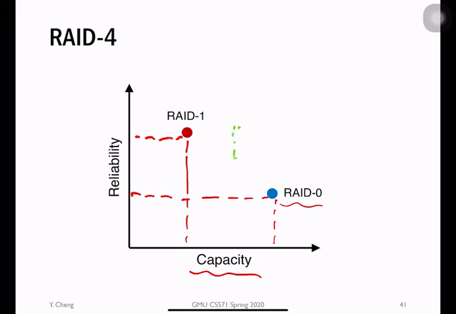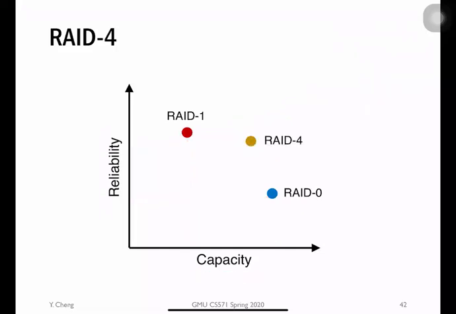It should be somewhere over here, right? So this is the best of both. That is why we have RAID-4. RAID-4 is over here. It combines both RAID-0 and RAID-1 by using parity-based redundancy support.